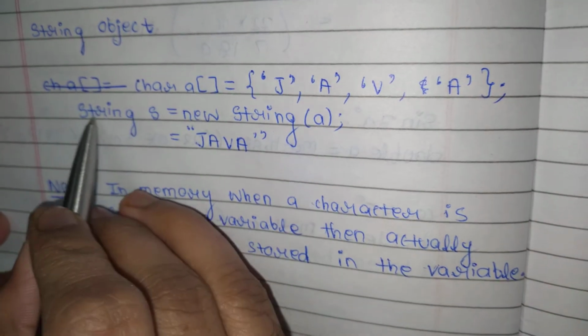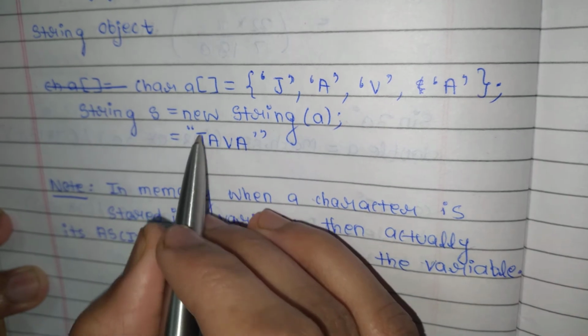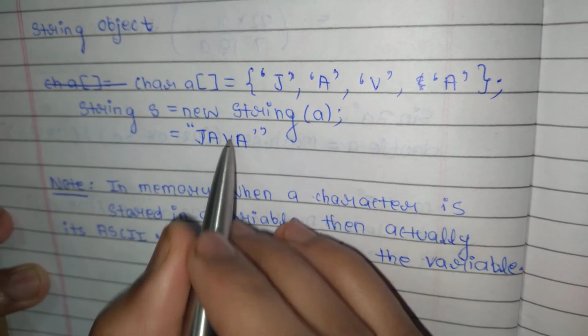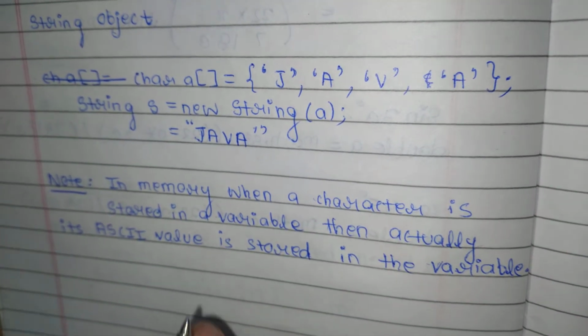As you can see here, as I have written String s is equal to "Java", here Java will not be stored. Here the ASCII codes of j, a, v and a will be stored.